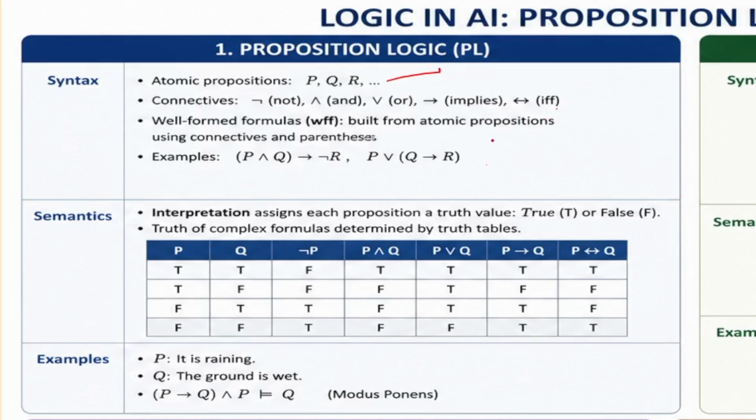Along with that, an example of a proposition logic is P and Q implies not R, and P or Q implies R. These are some proposition formulas, and the semantics is the truth tables for all these. An example would be: it is raining, we can just mark it as P.